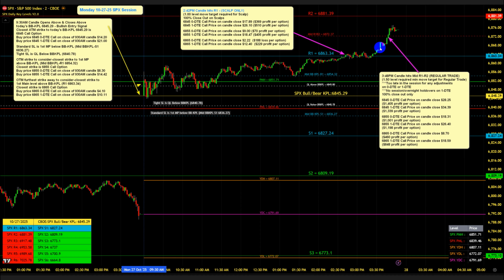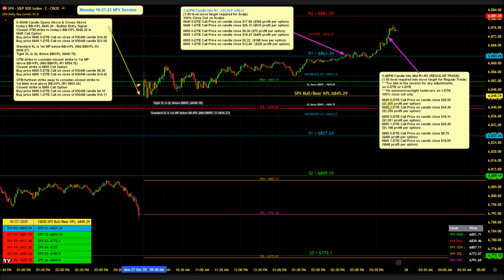So in this case, the 68.45 0 DTE still comes out with a pretty decent profit. There's no time value left, but it made enough of a move where after hitting this level, it's 28.25 on this close.